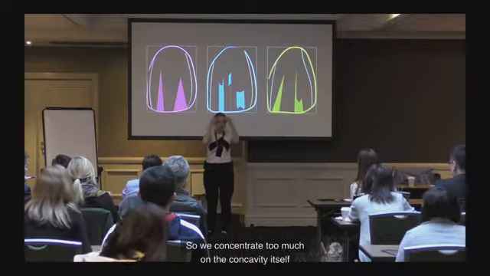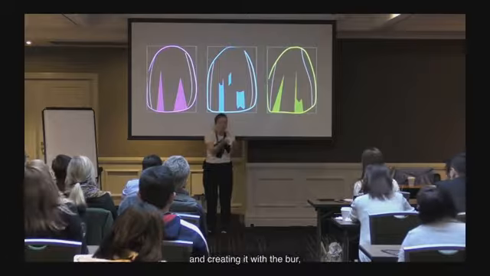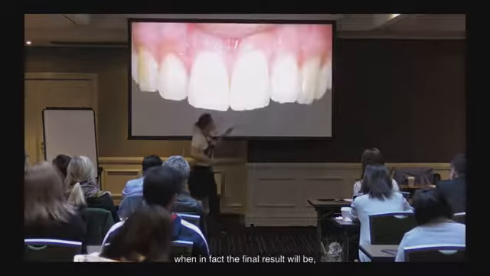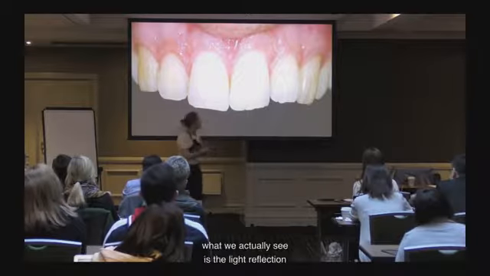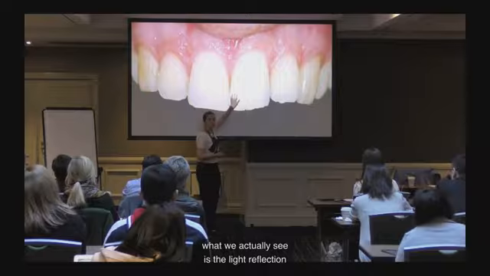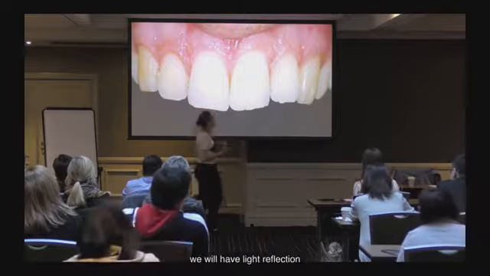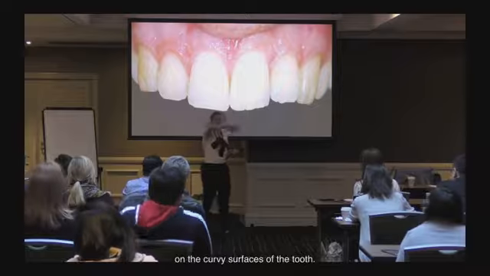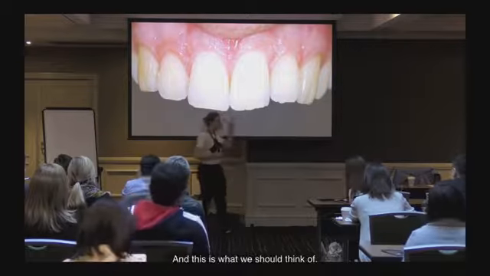So we concentrate too much on the concavity itself and creating it with the bur, but in fact, in the final result, we don't see the concavity. What we actually see is the light reflection that is around it. So once we polish it, we will have light reflection on the curvy surfaces of the tooth. And this is what we should think of.